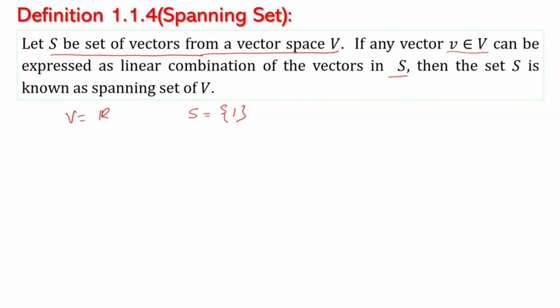Then any vector of V can be expressed as a linear combination of S. Let's say 5: we can write it as 5 multiplied by 1. If you take 6, 6 can be written as 6 multiplied by 1. Therefore S is a spanning set of V equal R.